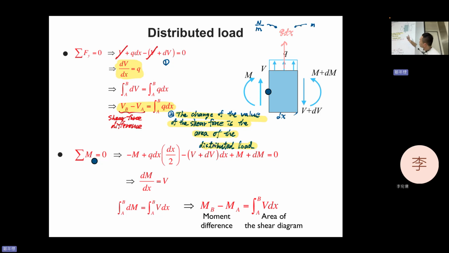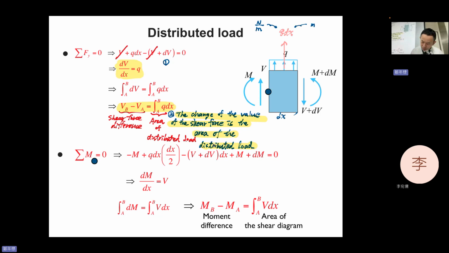So this is the change of the value of the shear, and this one is the area of the distributed load. Okay, so then I conclude the second part, and then it will correspond to the next one of the 6 tips.